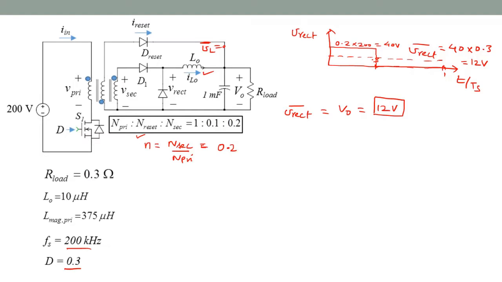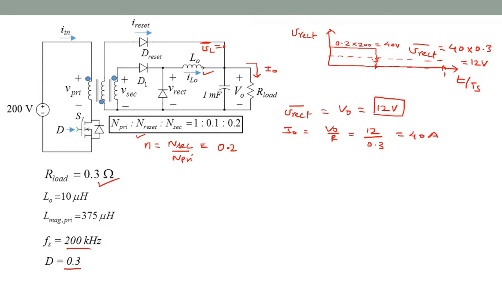We'll definitely need to know the load current flowing into this load resistance as well, so that would be I out. I out is V out over the resistance, or 12 over the load resistance, which is given as 0.3 ohms. So that is 40 amperes, the load current.